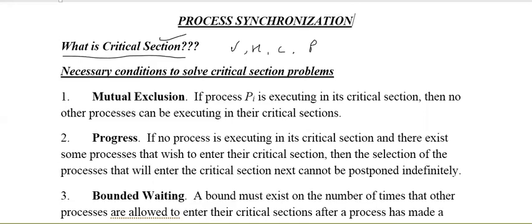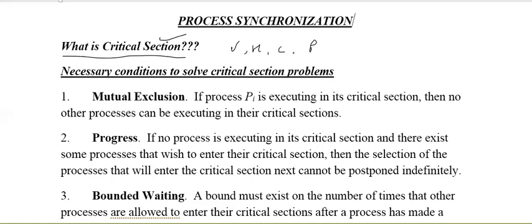Suppose I want to avoid any problem which can arise in critical section, like we had earlier said that there can be data inconsistency, data loss, data overriding. So how to avoid those kinds of problems? We need to focus on critical section.